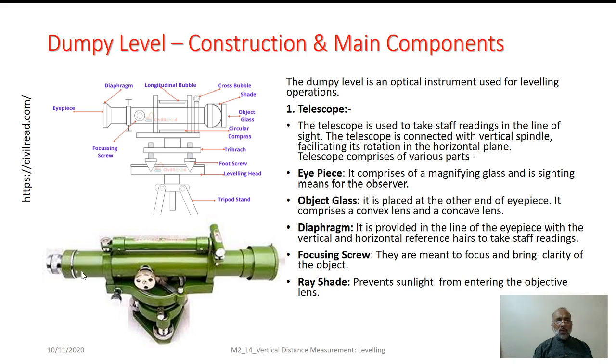The two dots that you see are nothing but the position of the diaphragm. Some small things related to other constructional aspects we'll be discussing as we move further and as we understand the adjustment and usage of this level.